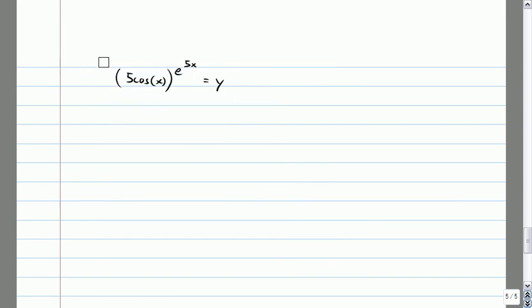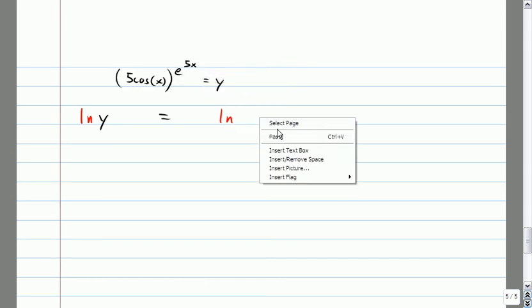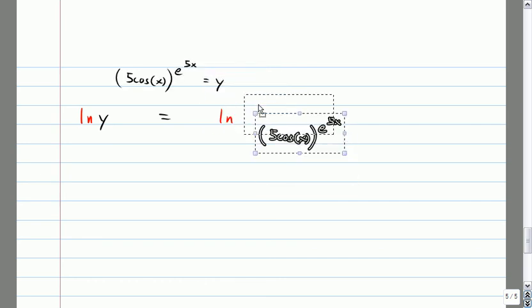Okay, you got a function to a function, logarithmic differentiation. Twice in a row. So I'm going to put the y on the other side. Natural log of the left, natural log of the right. So natural log of y equals natural log of this stuff.